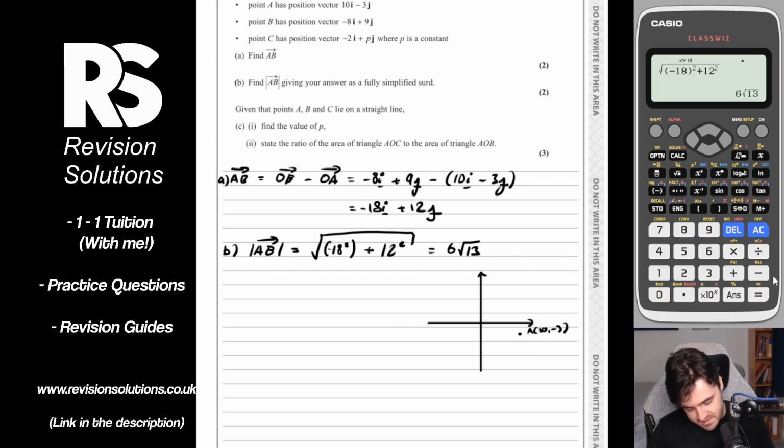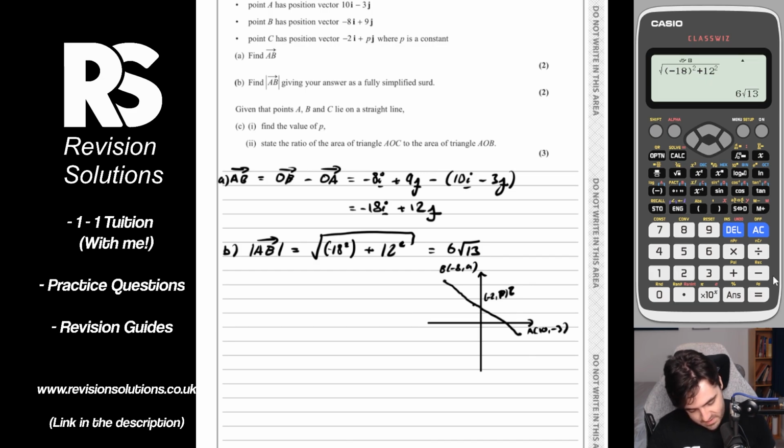Then minus 8i plus 9j, let's say that lives somewhere up here for point B. Minus 8, 9. And then point C has position vector minus 2 plus P, so that's going to live somewhere about here if it's going to live on a straight line. And then we'll draw a straight line through those points.